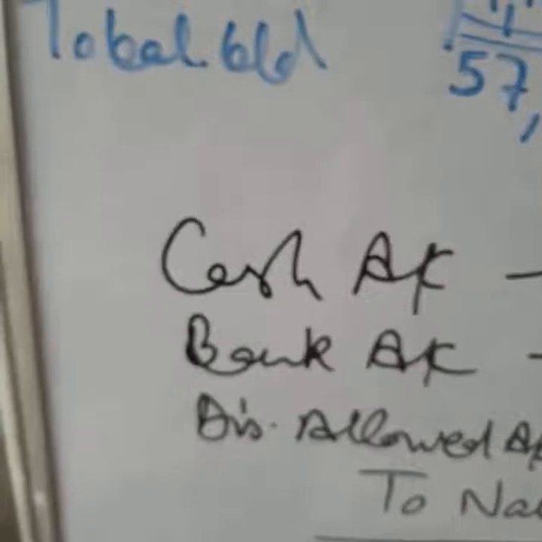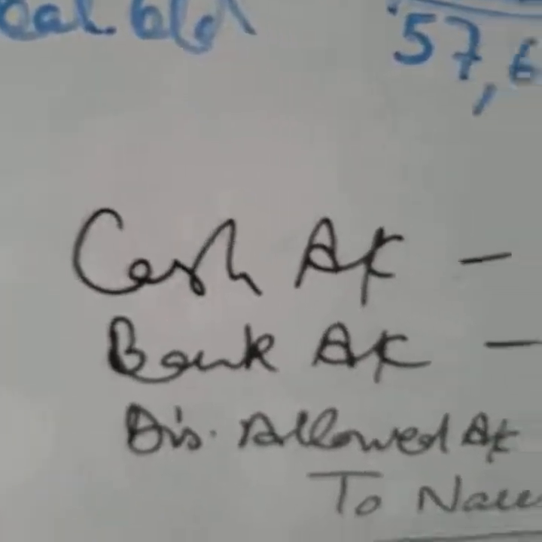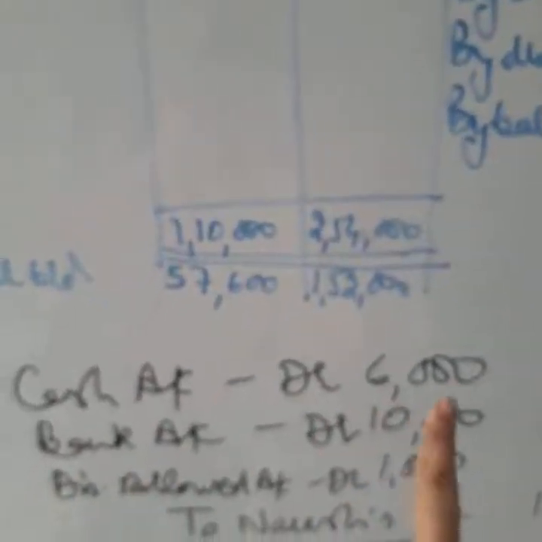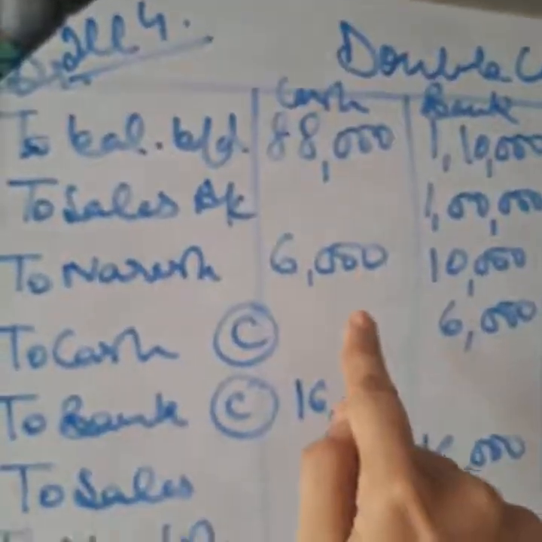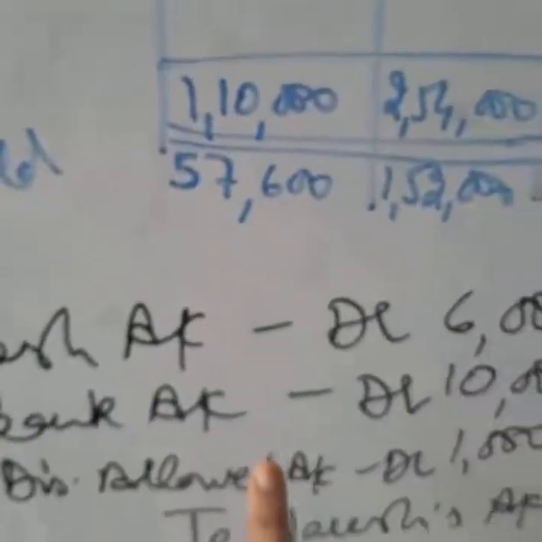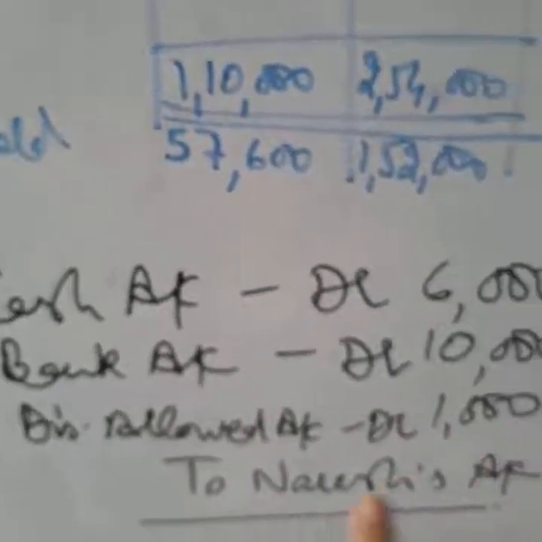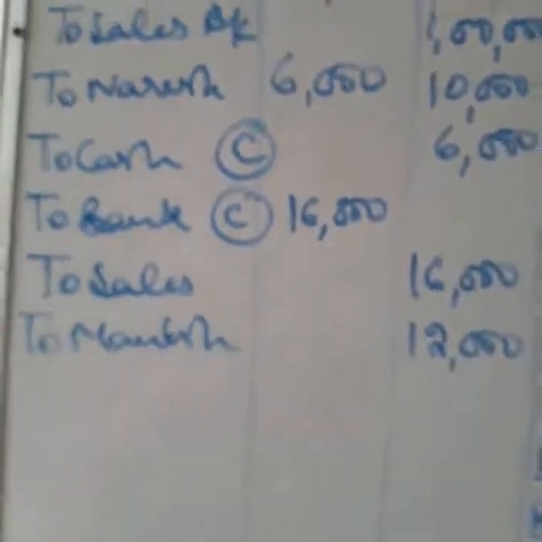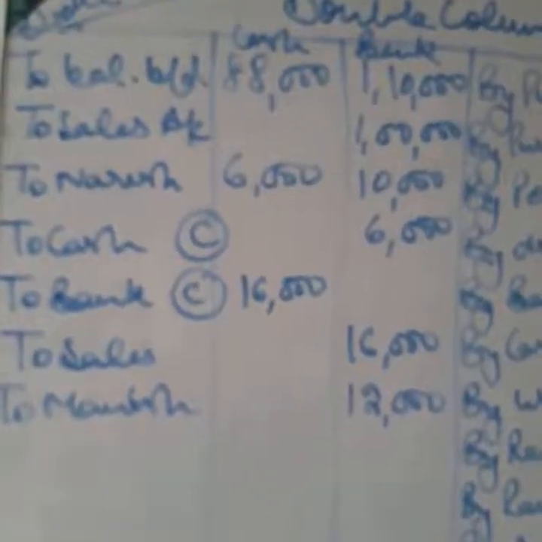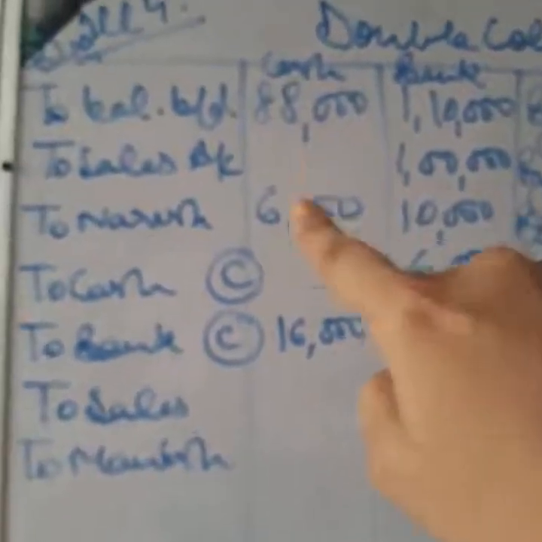So we'll record it in the cash book like this. Cash is being debited, so go to the debit side. Cash to Naresh 6,000. Bank is being debited, so bank account debited to Naresh with 10,000. Then it is written that we are depositing the money in the bank. That means cash as well.